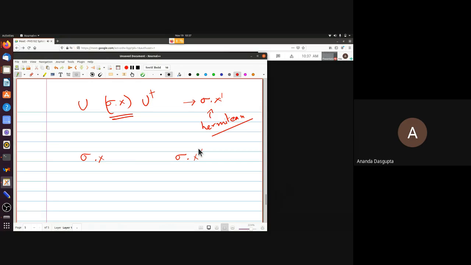First of all, can every matrix be written down as sigma dot x prime? If you give me any 2 by 2 matrix, can I write that as sigma dot x prime with real x's? Yes or no? Only Hermitian matrices can be written down as sigma dot x prime, right? So Hermiticity is the first property that you need to preserve.